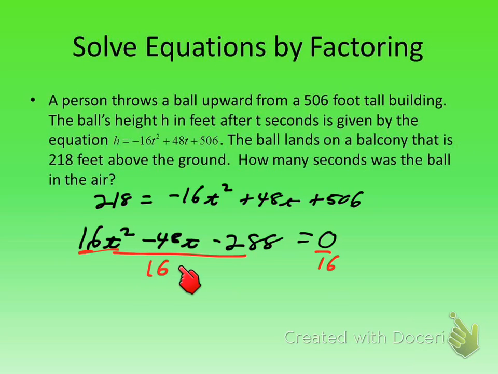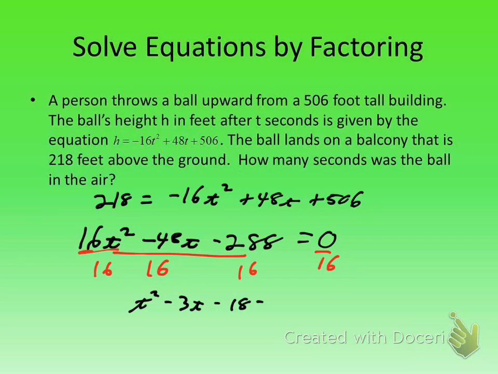And when I divide the left side by 16, that means this 16 goes into this one, and this one. All right. 16 divided by 16 gives me 1. Minus, what's 48 divided by 16? Minus 3t. 288 divided by 16.